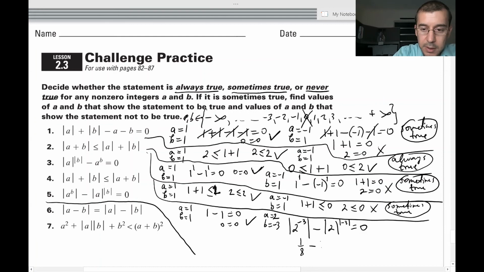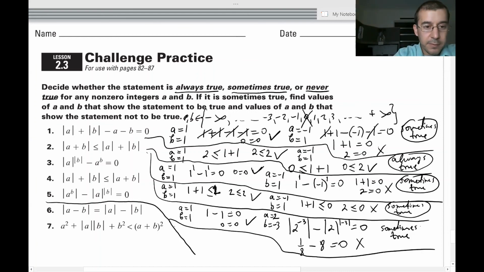So this is minus 8 equals 0. This is not true. So we say this is sometimes true. Okay, so this was number 5.